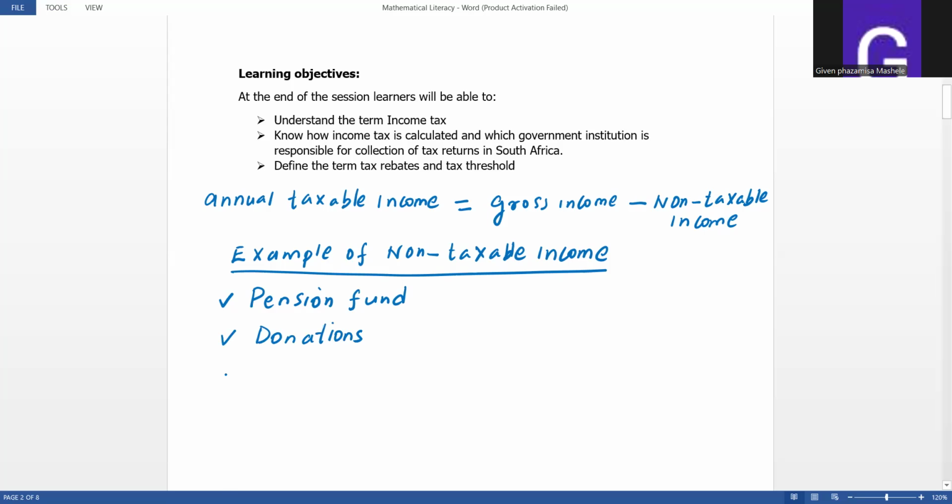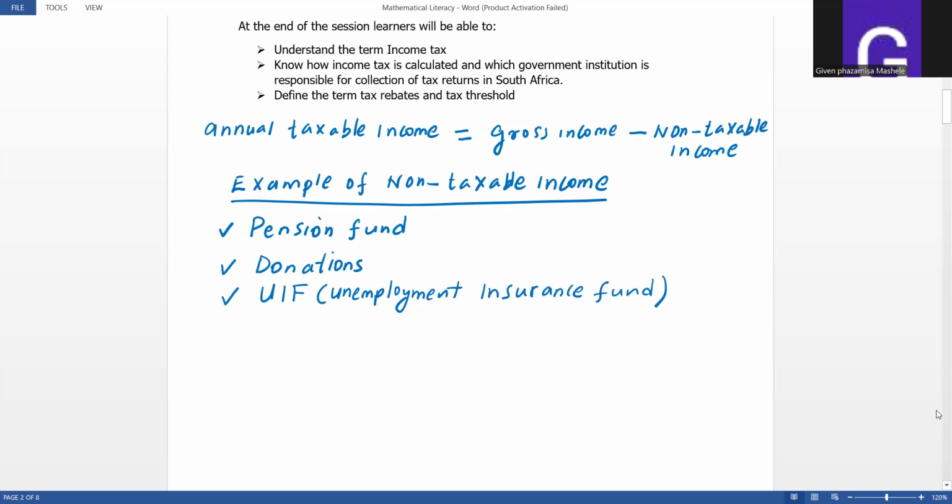And also in other examples, we have UIF, which is the Unemployment Insurance Fund. These are examples of non-taxable income.